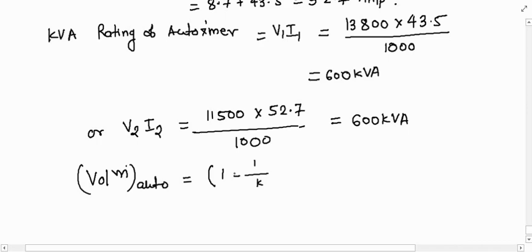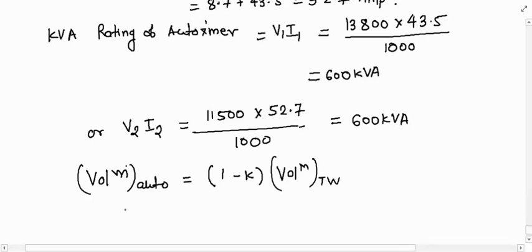Simply I will write here, 1 minus K into the volume of your normal transformer, that is the 2 winding transformer. TW I will write for 2 winding.